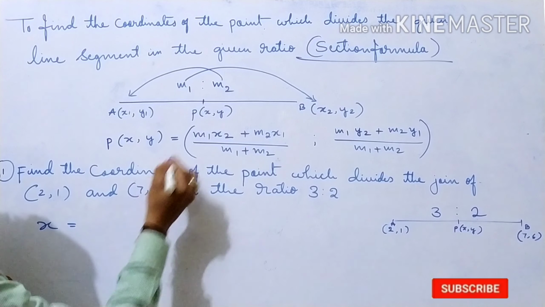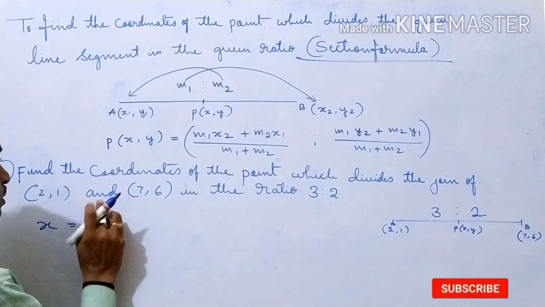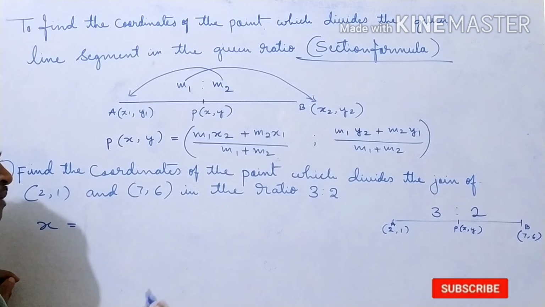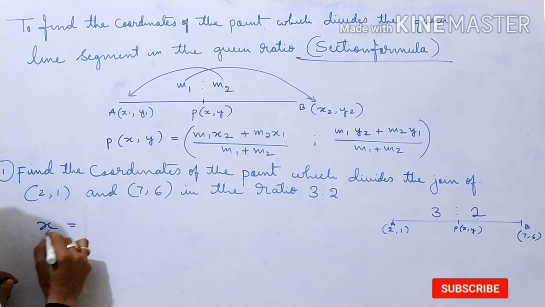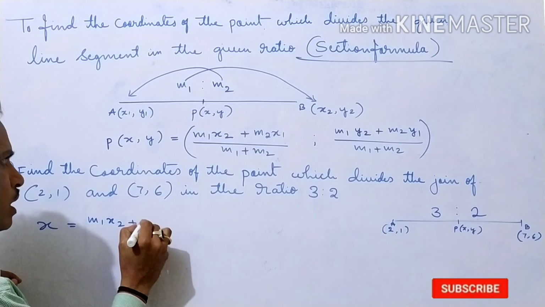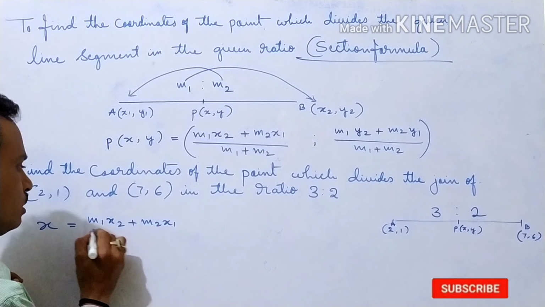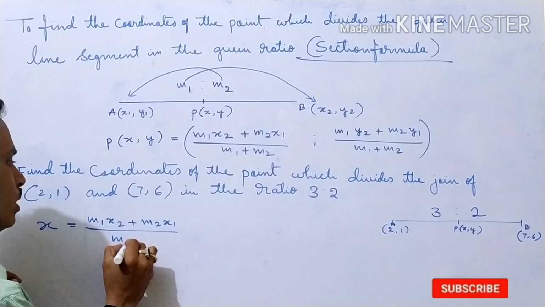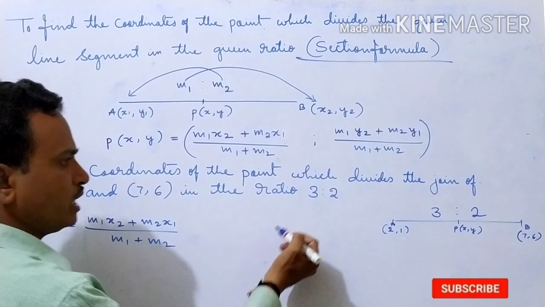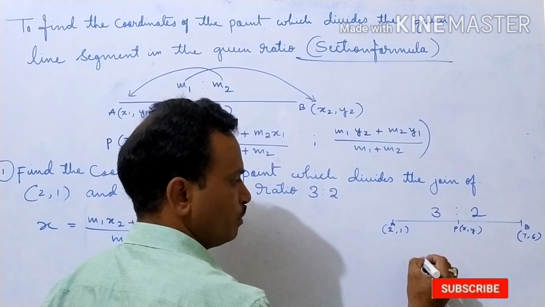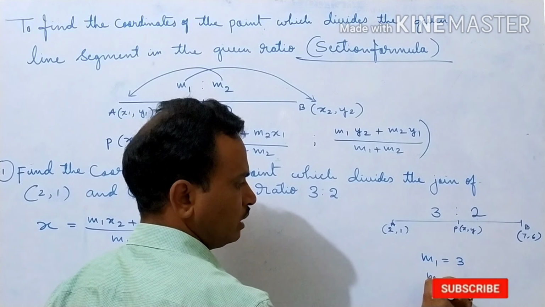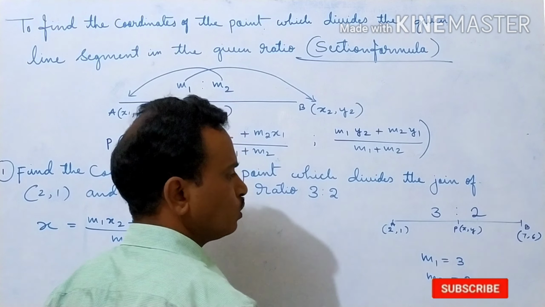We'll write separately, or you can find XY both at a time. Okay, I will take the X coordinate: M1 X2 plus M2 X1 whole divided by M1 plus M2. It is given in the ratio 3:2. That means M1 you should take 3, then M2 you should take 2.